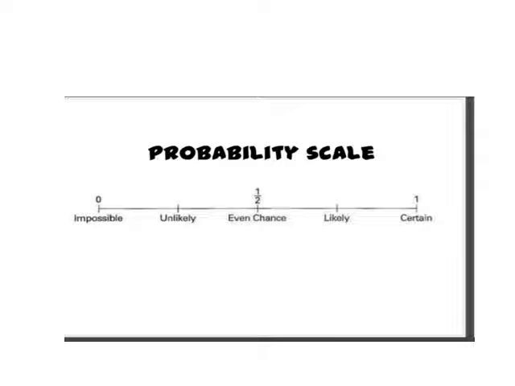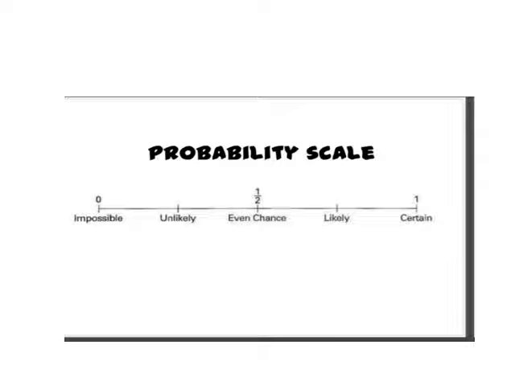Like in summers, there is a poor chance of having a snowfall. Totally poor chance. Impossible. It is impossible to get 8 when a normal dice is thrown, as there are only 6 numbers on the dice.